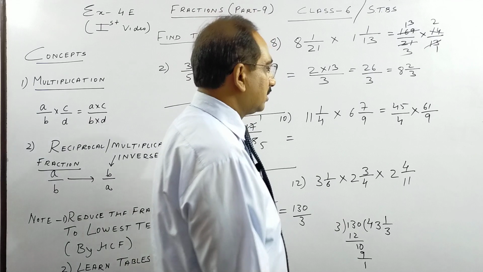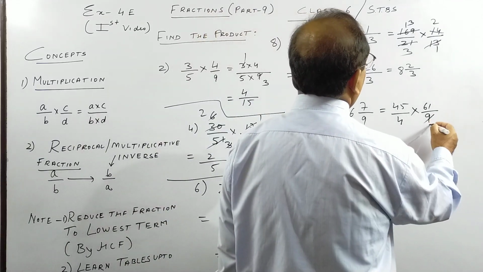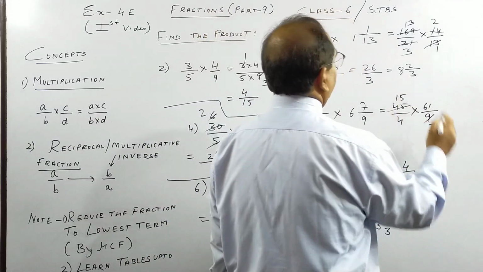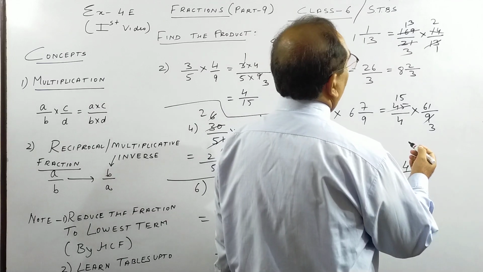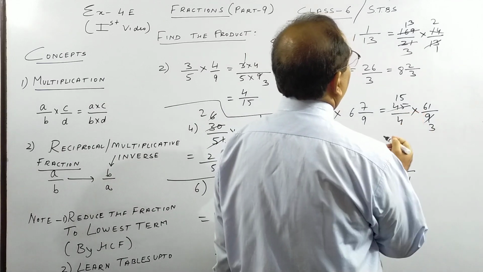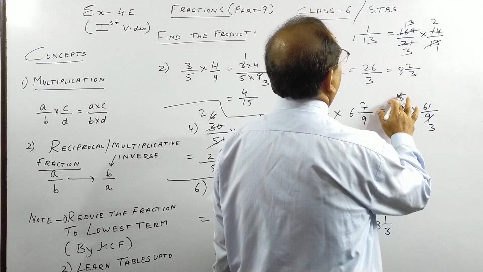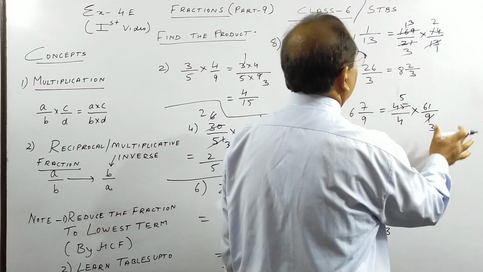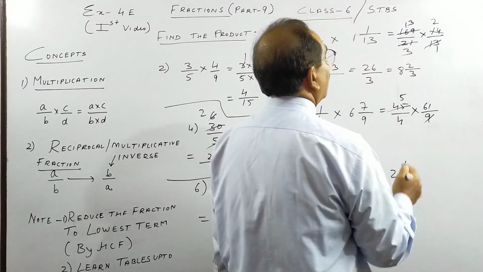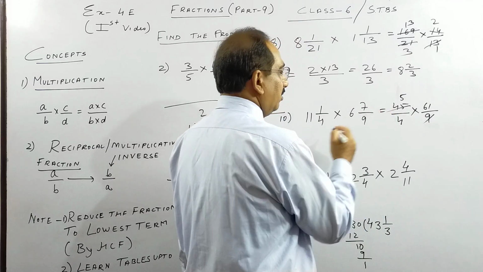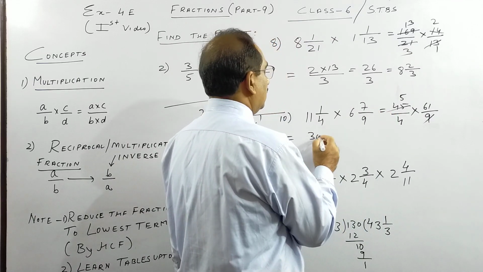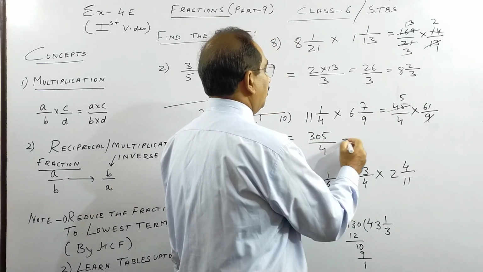If anything is cancelling, we will do it: this will go, 3 3s are, 3 15s are... or directly you can do 9 5s are 45. Directly also you can do it, and nothing else will go. So we have 61 into 5 is 305 by 4.